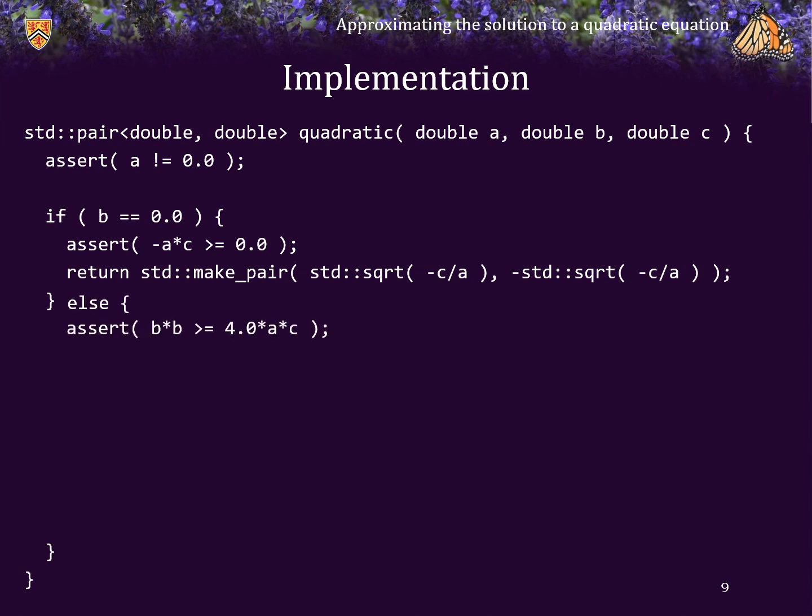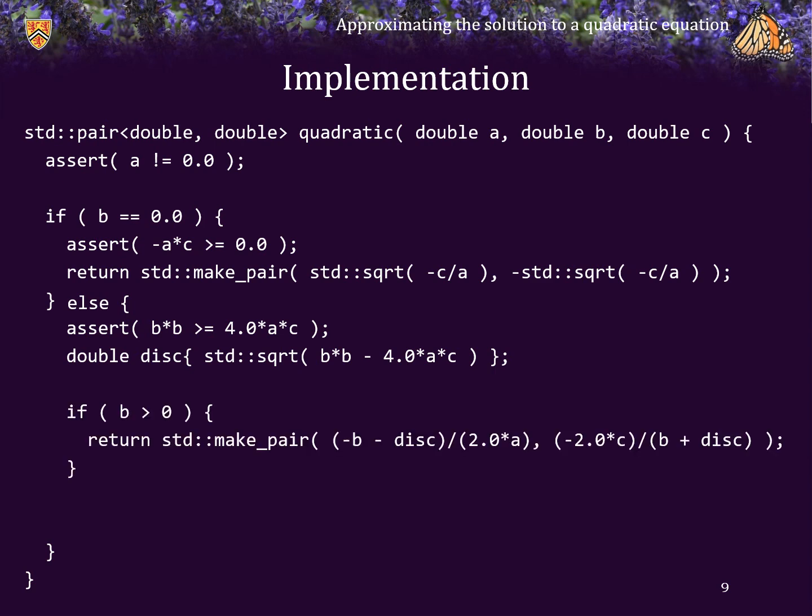Otherwise, let us assert that b squared is greater than or equal to 4ac. Otherwise, we have imaginary roots, and that is not what we're discussing here. We're looking for two real roots, and thus this must be true. Therefore, if that's true, we will assign to the discriminant local variable the square root of b squared minus 4ac.